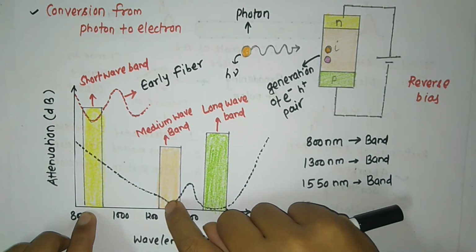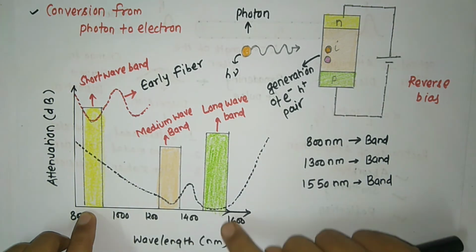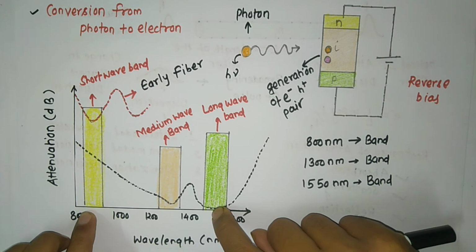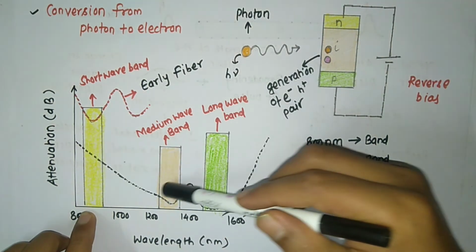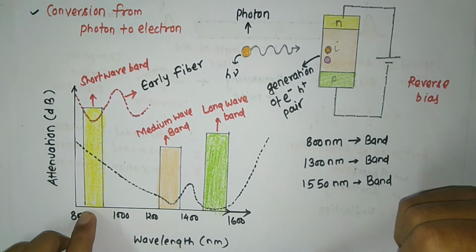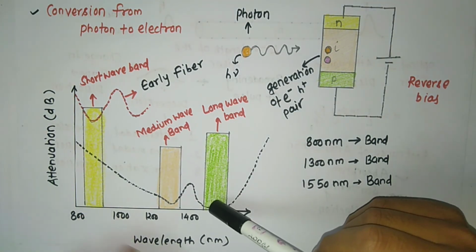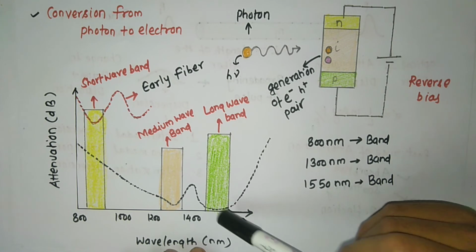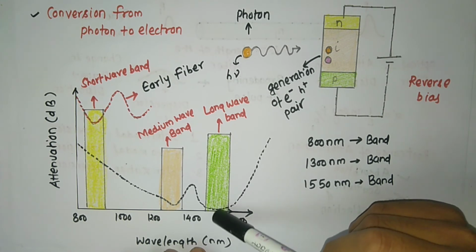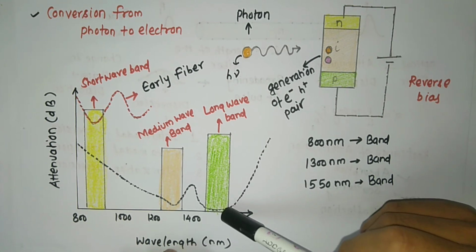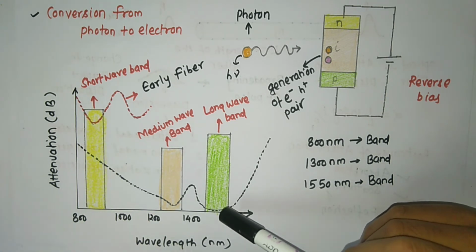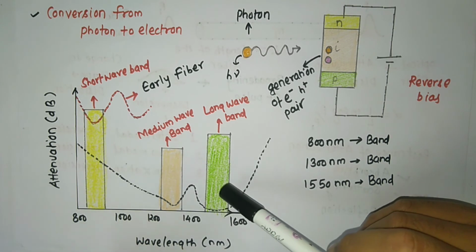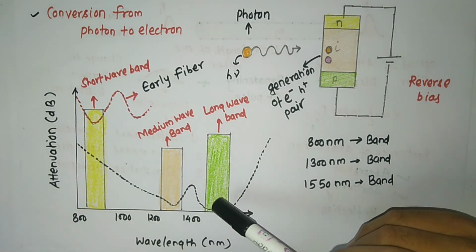At 1300 nanometer attenuation is low, and at 1550 nanometer attenuation is too low. This is the spectrum of the optical fiber. We should use 1550 nanometer wavelength, because at this wavelength your optical fiber is showing minimum attenuation, and you always want the minimum attenuation in every medium.